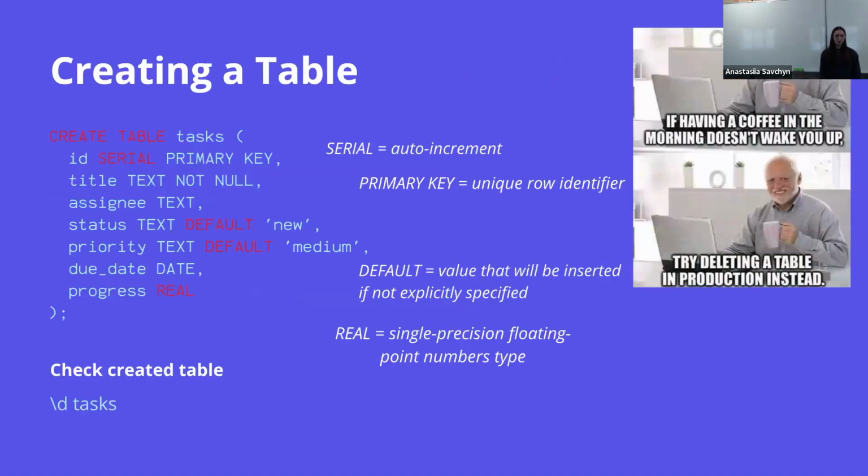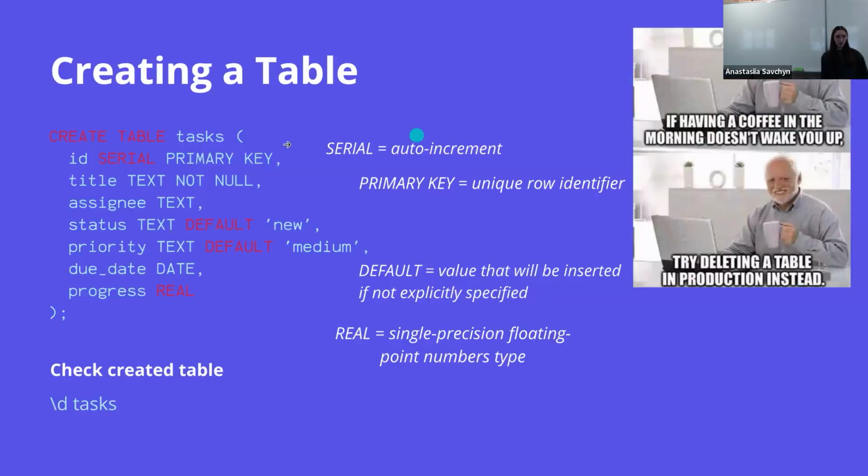Okay, so creating a table. We can do this, of course, via a graphical user interface, but we will do it via the shell for the first time. What does our query have? It has the request itself, CREATE TABLE.